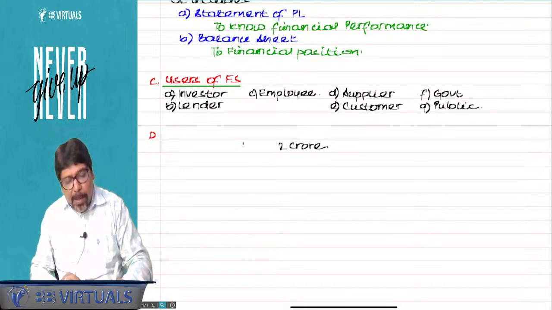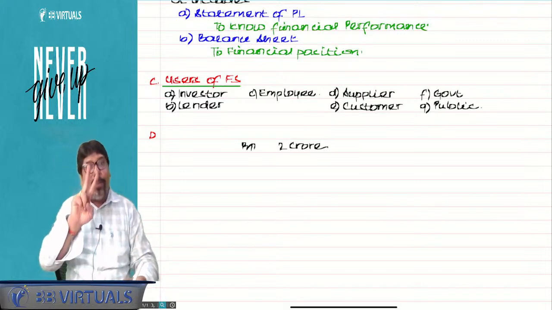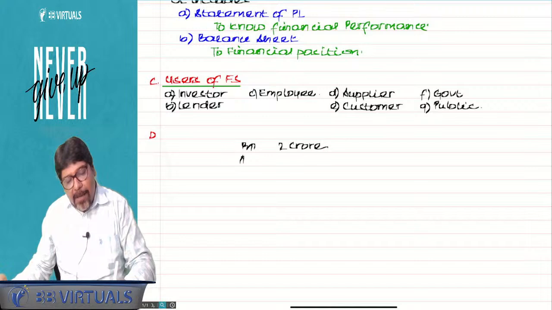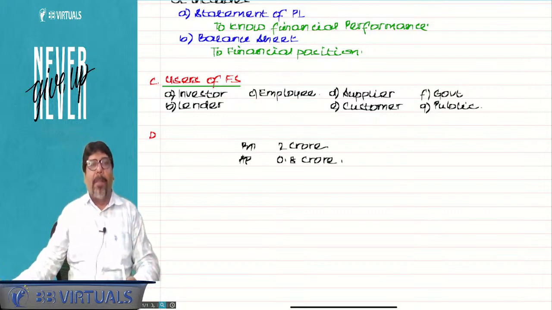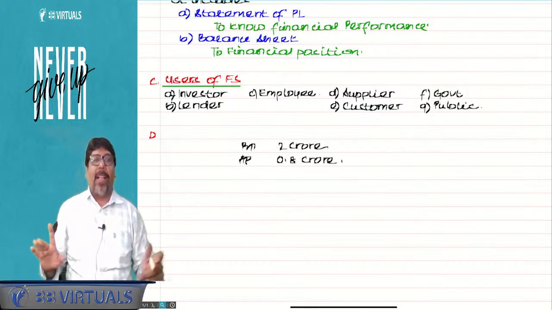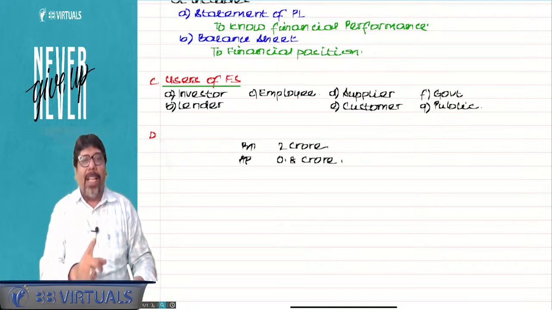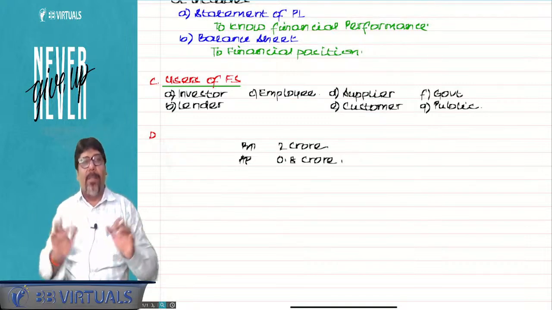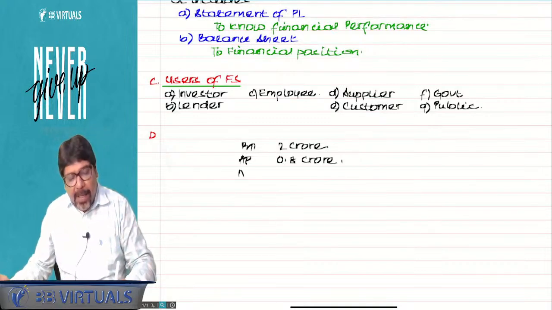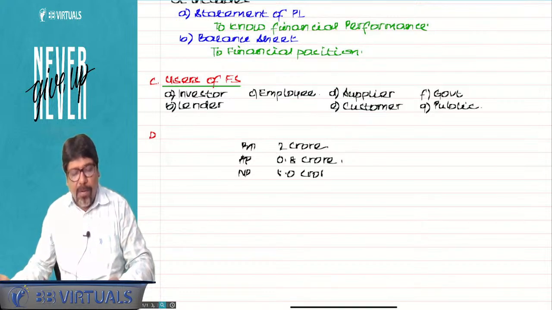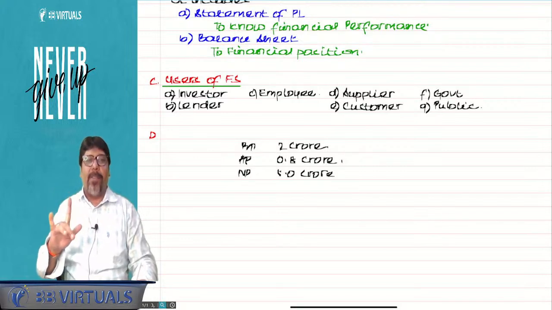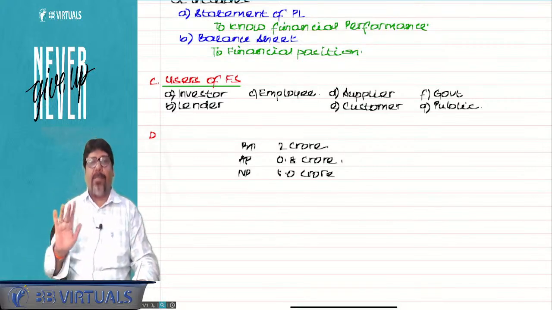But if I tell you Berger Paints made a profit of 2 crores, and Asian Paints made a profit of 0.8 crores in the year, oh my God, Berger Paints is doing amazing. Are you understanding? But if I say Nerolac Paints made a profit of 5 crores, then you will say, oh, Berger Paints is doing better than Asian, but not as good as Nerolac Paints.